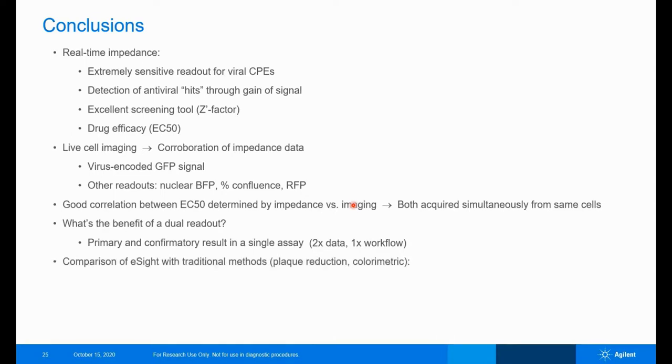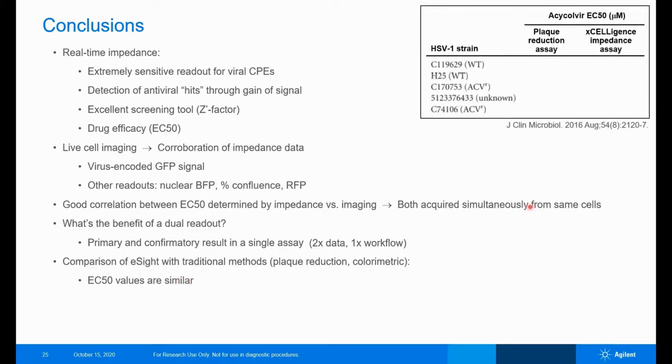When we compare eSight with traditional methods like a plaque reduction assay or a colorimetric assay, one of the things to point out is that the EC50 values are very similar between these approaches. And so as one example of that, I'm showing here an analysis of acyclovir's ability to inhibit herpes simplex, different strains.